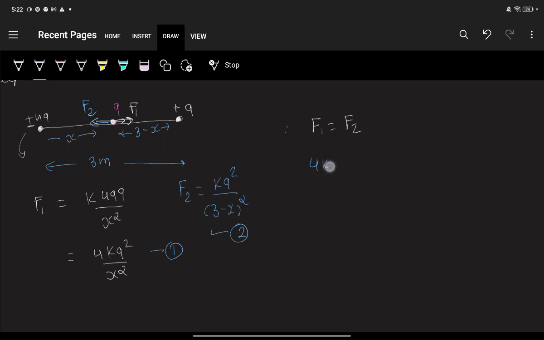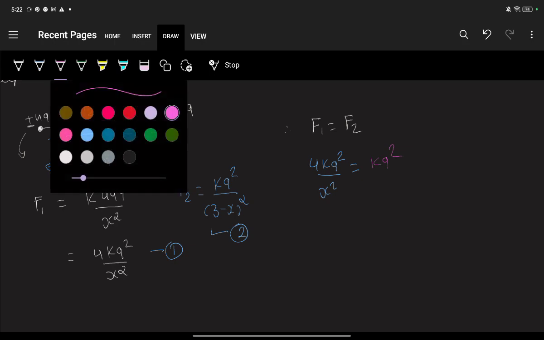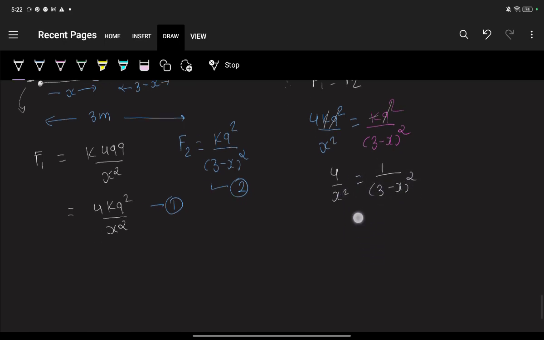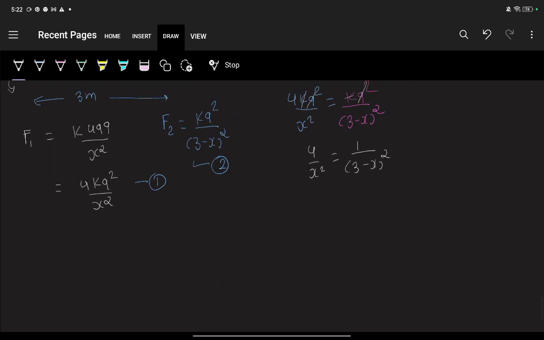So it will be 4kq square upon x square is equal to kq square upon 3 minus x square. K and q square will get cancelled out. We will get 4 by x square is equal to 1 by 3 minus x square. Okay, we are going to apply square root on both sides. We can do that, right?